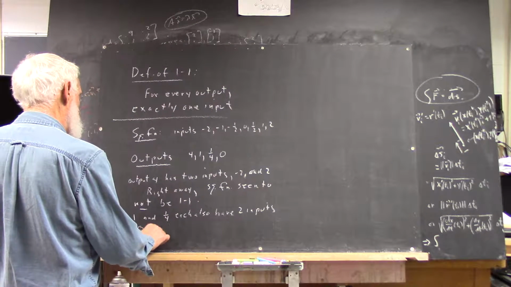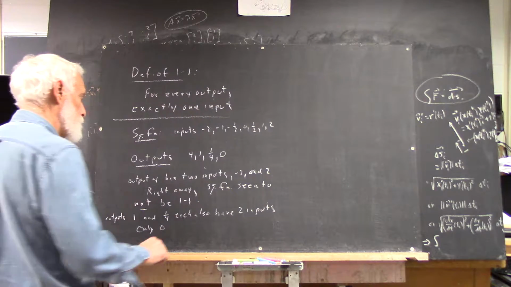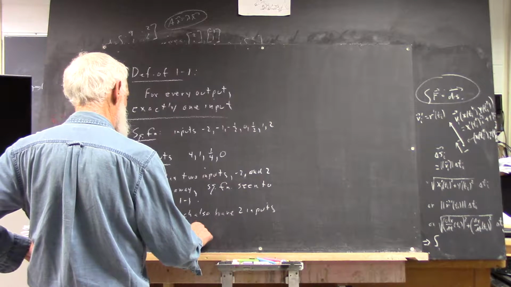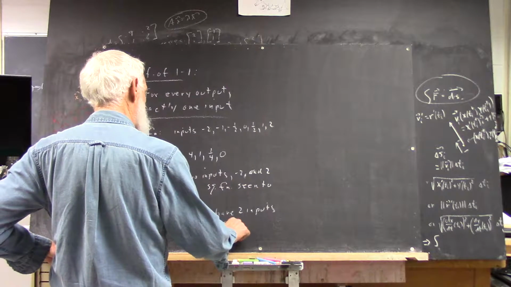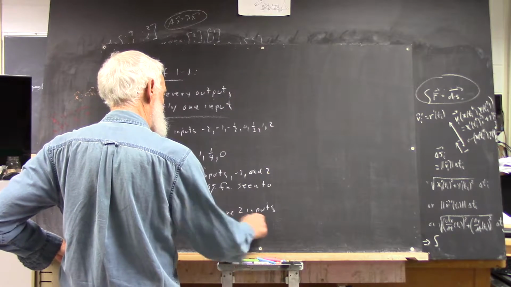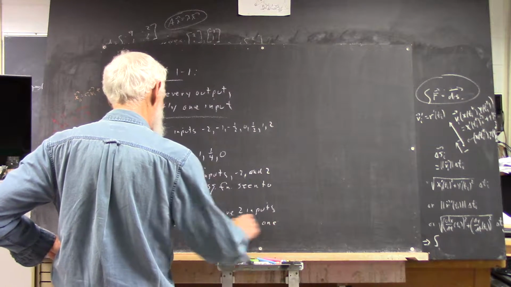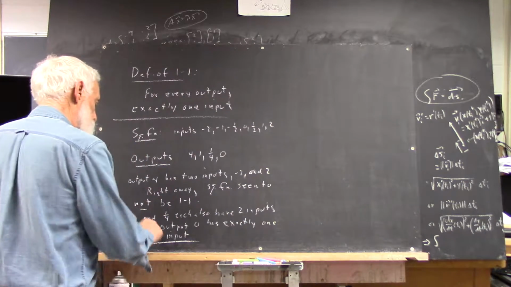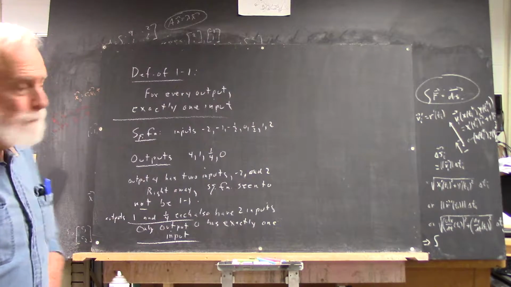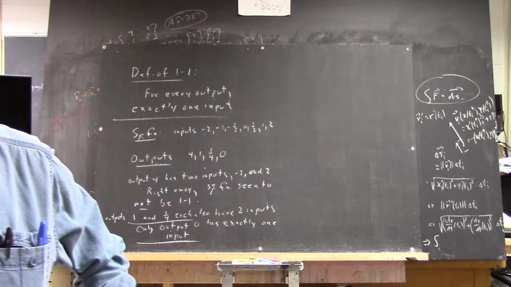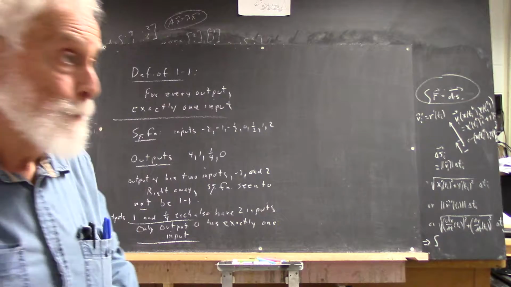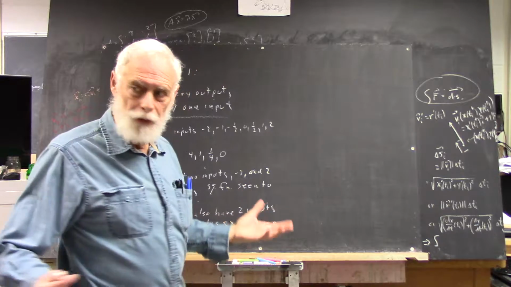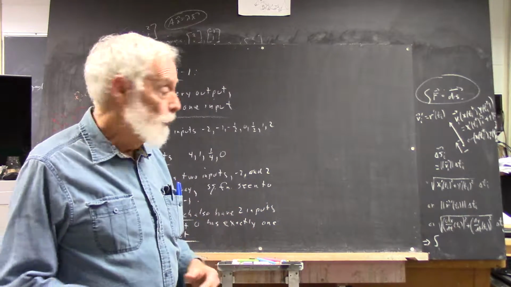Looks like only 0 has exactly one input. Does that make sense? Okay. Now, that's easy enough to understand probably.